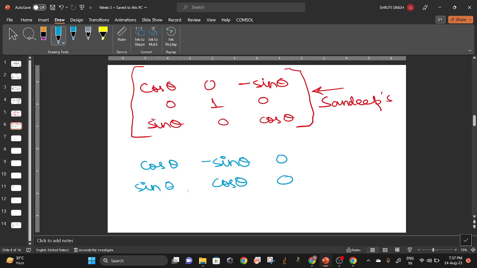For cos theta, then sin theta 0. For clockwise, this is positive, right? This is minus cos theta, then 0 0 1. And here we can see, ma'am, when we are rotating about z-axis, whatever is happening to our x coordinate, because after z the next axis is x in the cyclic rotation, x cos theta then y sin theta.